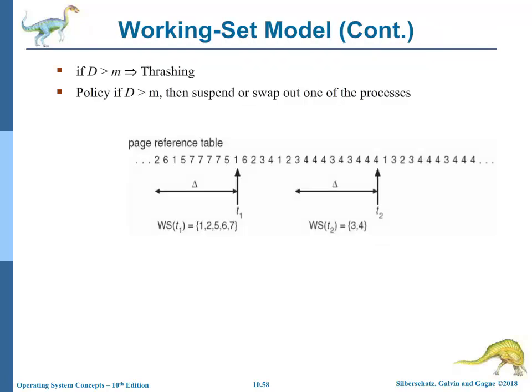The working set model is based on the concept of a locality and defines a working set window of length delta. Whatever pages are included in the most recent delta page references are said to be in the process working set window and comprise its current working set, as illustrated in this figure.